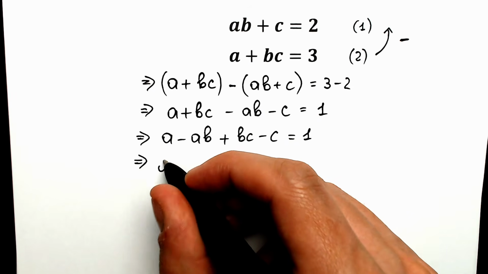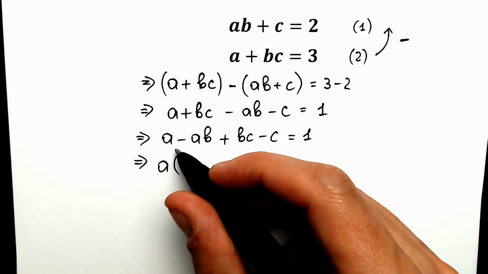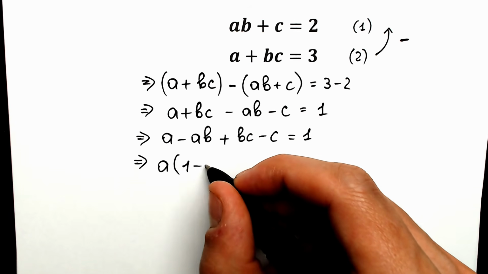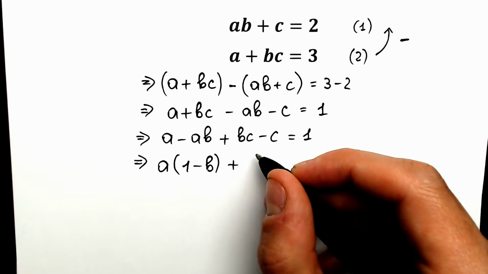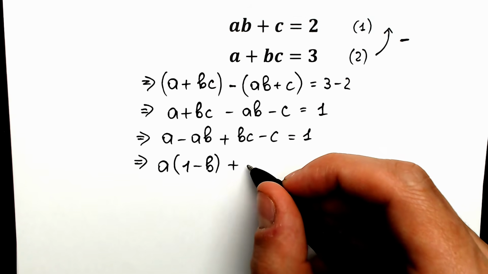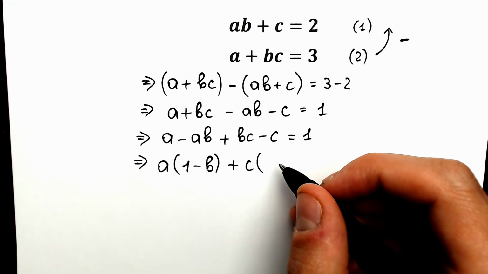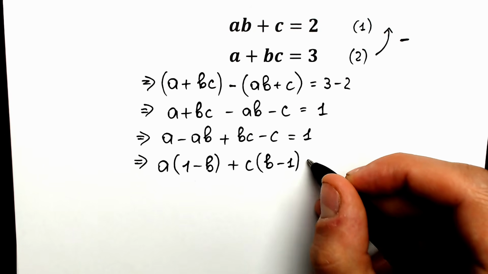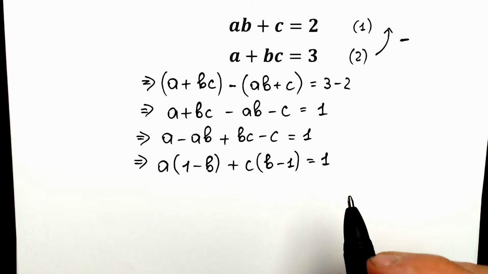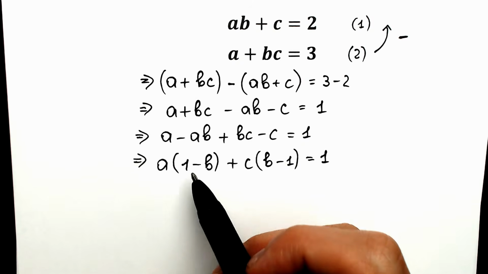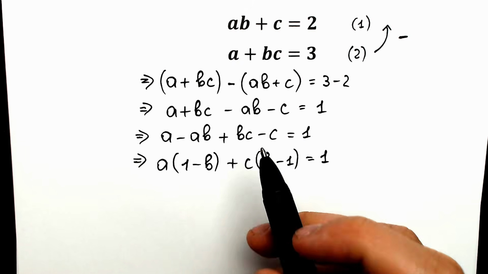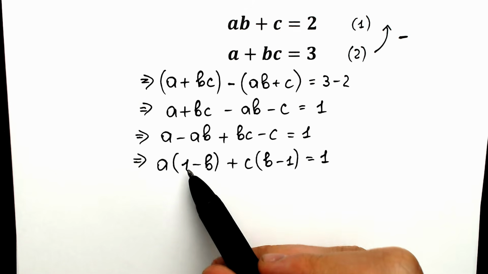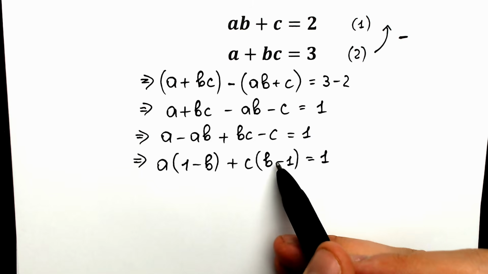So we have A and in parentheses we have 1 minus b, plus, right here we can easily factor our C, and in parentheses we have b minus 1, equal to 1. If we look closely, we have completely symmetrical parentheses, 1 minus b and b minus 1.